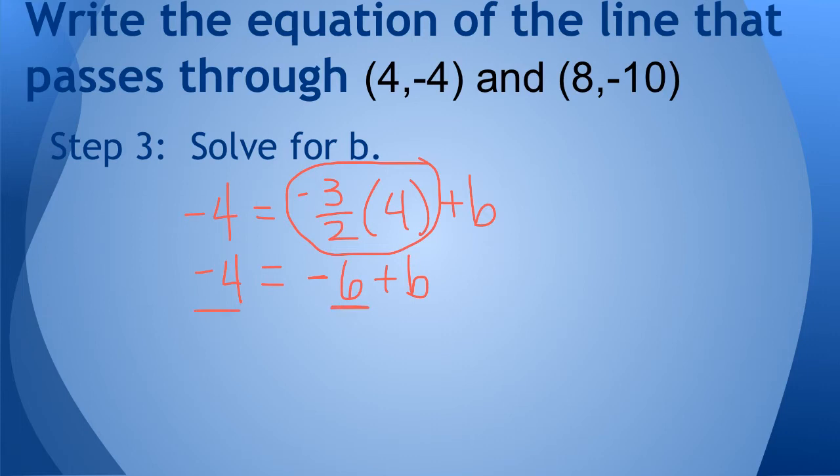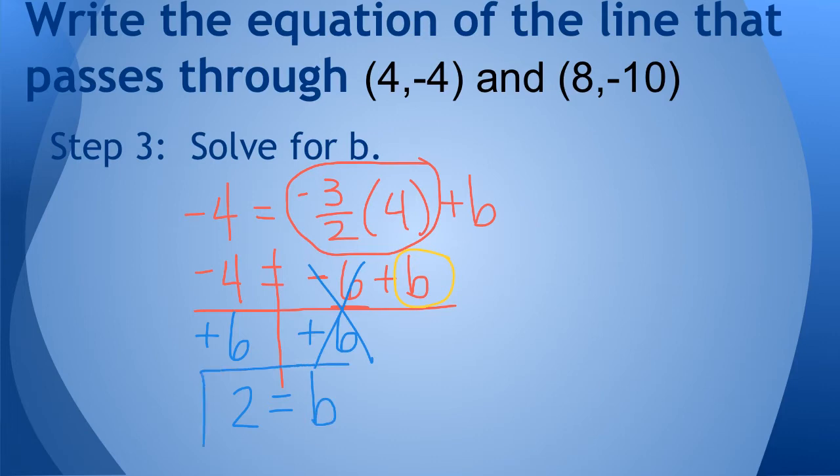And then I have a one-step equation. I want b to be by itself. And so that simply means that I need to add 6 here so that that will disappear, and add 6 here. So it appears that 2 is on the left and b is on the right, and b is worth 2. Pause me if you need to catch up on your notes.